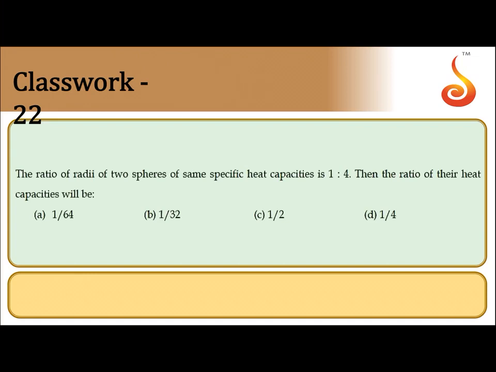The ratio of radii of two spheres of same specific heat is 1:4. Then the ratio of their heat capacities will be. So, ratio of the radii is given 1:4. We need to find ratio of their heat capacities.